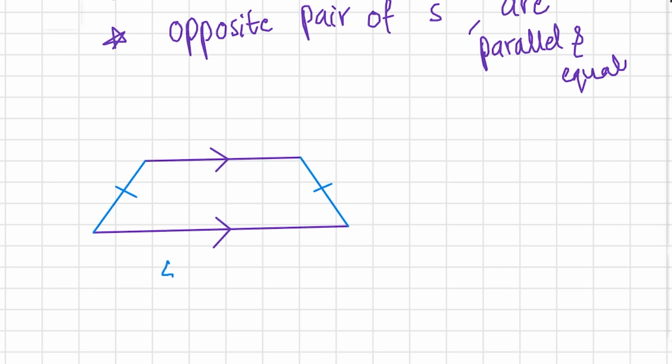The blue ones are equal. Isosceles. That's it.